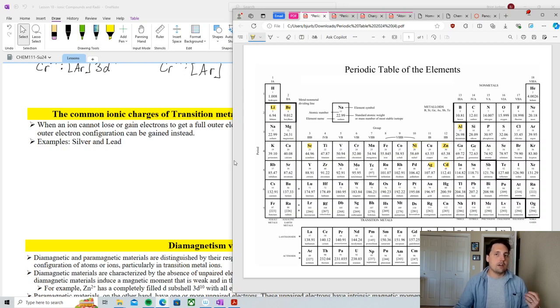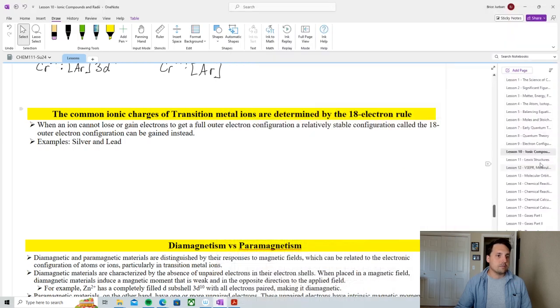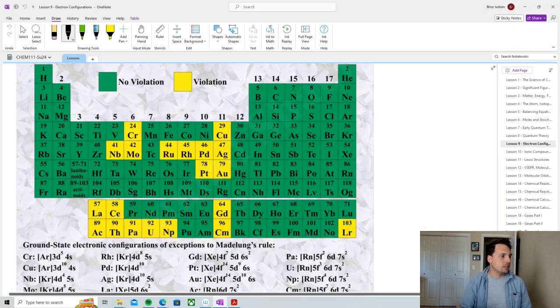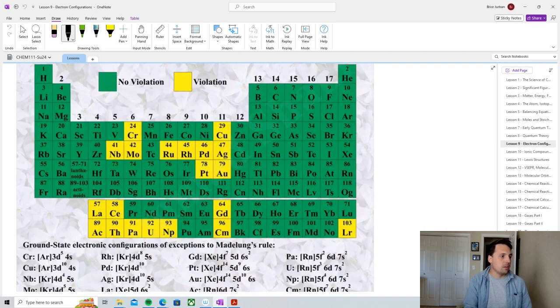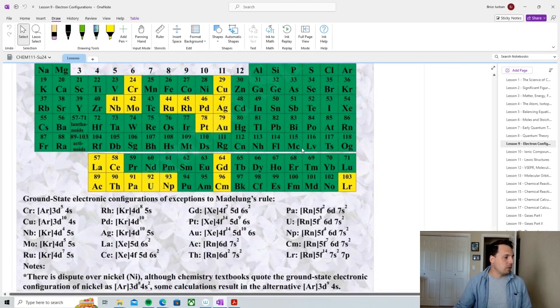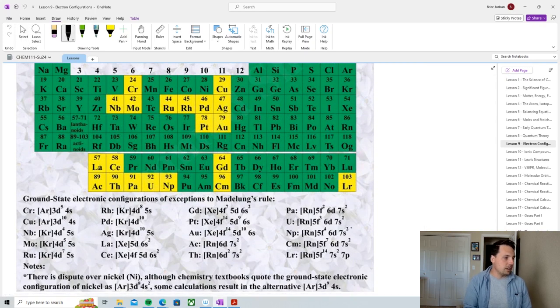Silver is again one of our exceptions. So if we go back to lesson 9, we can see that silver is one electron from having a fully filled d subshell. So if we look at silver, we see it has a configuration of krypton 4d10 5s1.